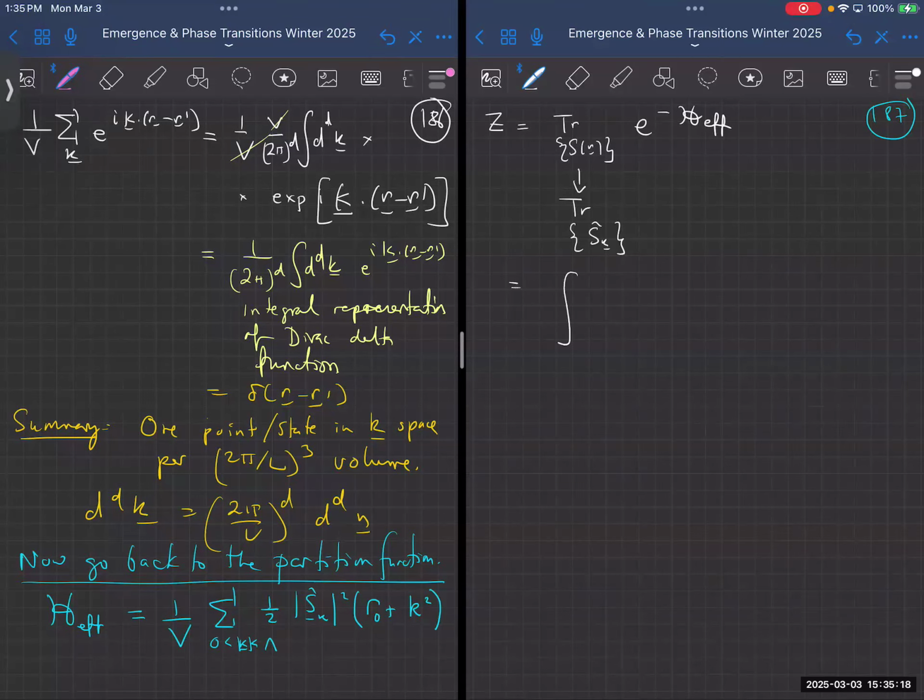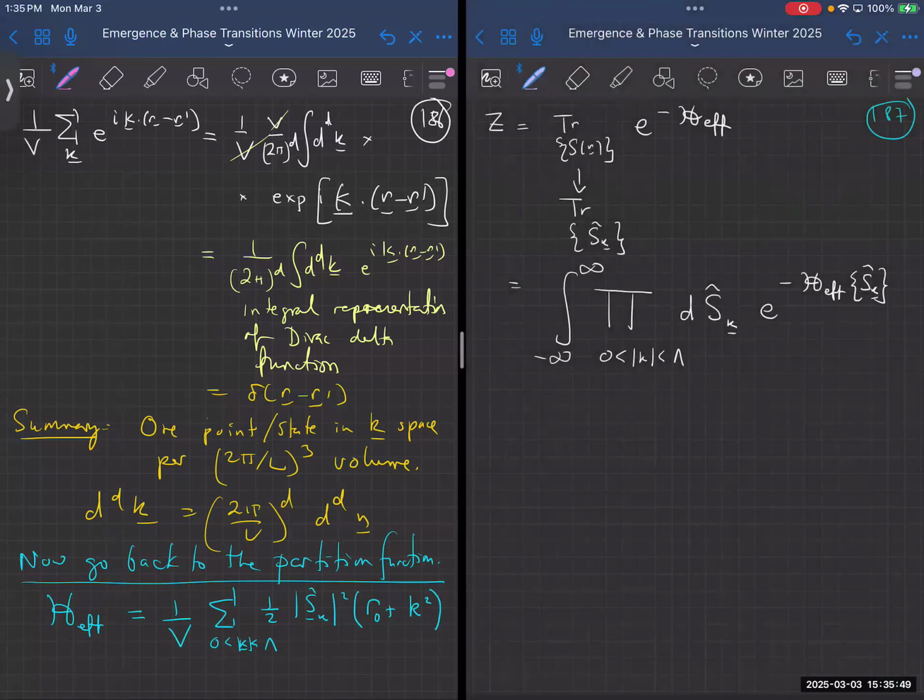So I'm going to do an integral now over all the Fourier components, going from 0 less than k less than lambda. And then I'm going to integrate dS of k like that. S is now the variable of integration. k is just a label. And then e to the minus the effective Hamiltonian of S of k.